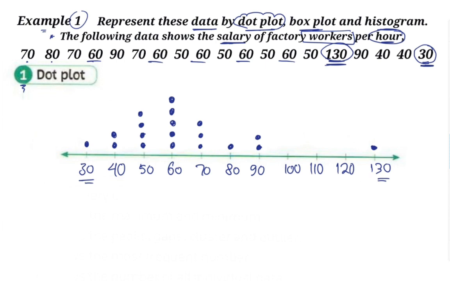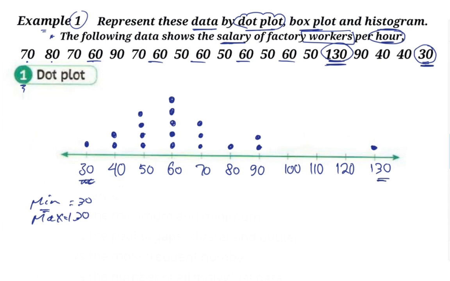I think it's easy. But now what are the properties of a dot plot? The first thing, I can define the minimum salary. 30 is clear. What is the maximum salary? 130 pounds per hour, right?